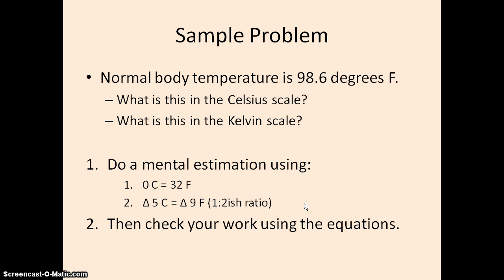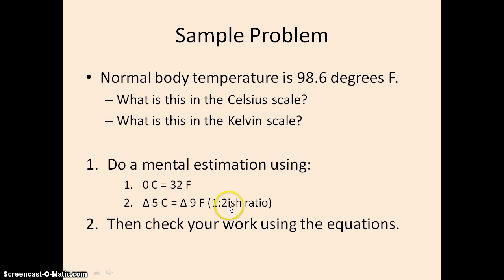To do a mental estimation, here's how I'm going to do this. 98.6 degrees Fahrenheit. First thing I'm going to do is account for the differences in freezing temperatures, so the difference that the scale is shifted. 98.6 degrees Fahrenheit is like 100 degrees Fahrenheit. 0 Celsius is 32 Fahrenheit, so 100 minus 32 is like 70-ish degrees Fahrenheit.